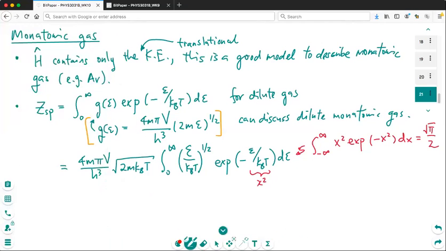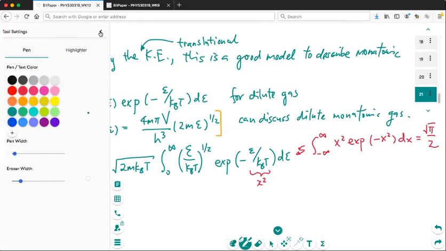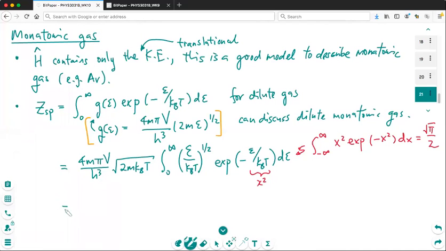In the end, you will pull out a few more factors, and the end result is this. I'm going to write it in this form. You get the volume V, and you will get 2mπ kBT divided by h squared.